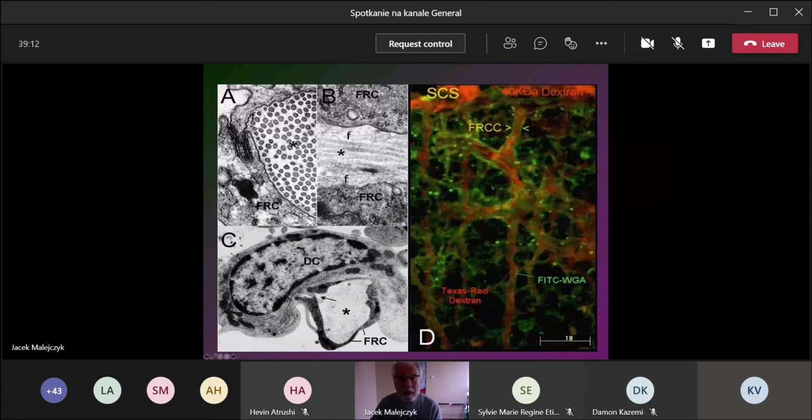Indeed, if we perform an experiment where, for instance, we add to the experimental animal some fluorescent dye, like Texas red, then we will see that this gets into the organ via lymphatic vessel, and then it is distributed along by these tube-like structures formed by these fibroblasts.